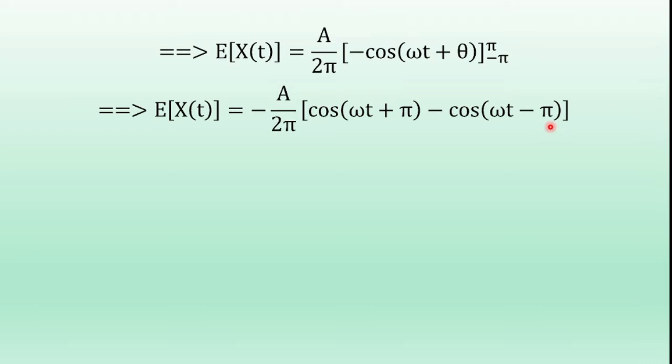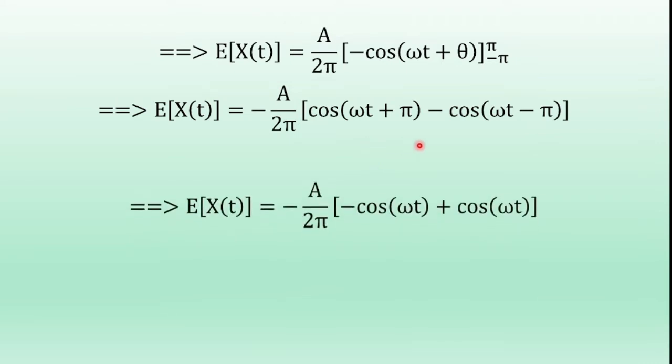Since cos of minus theta is cos theta, cos of omega t minus pi is also cos of pi minus omega t. We know that cos of pi plus omega t is minus cos omega t, and cos of pi minus omega t is minus cos omega t.